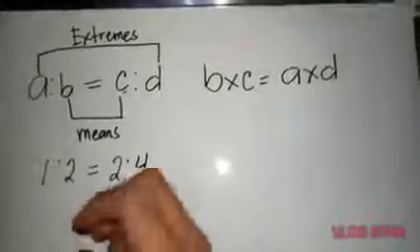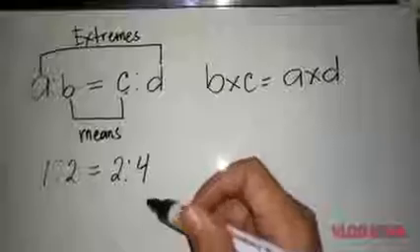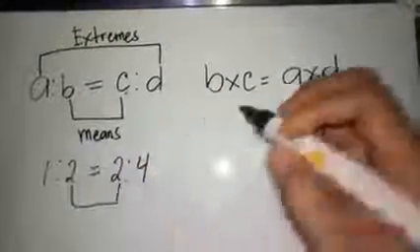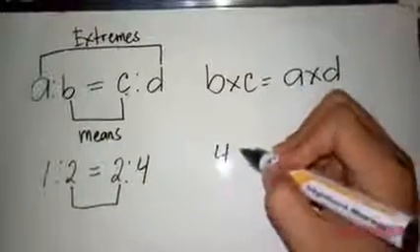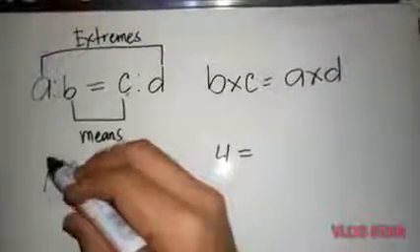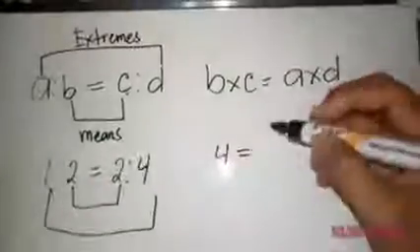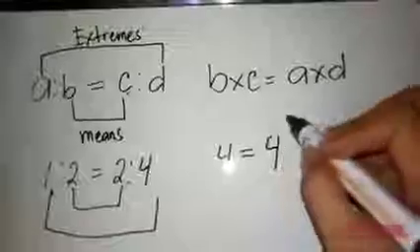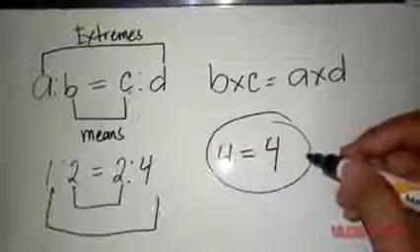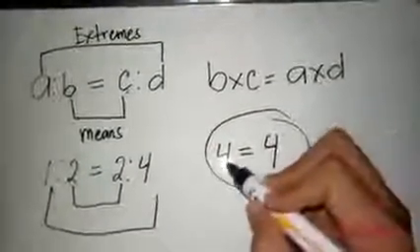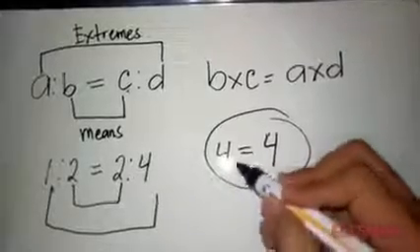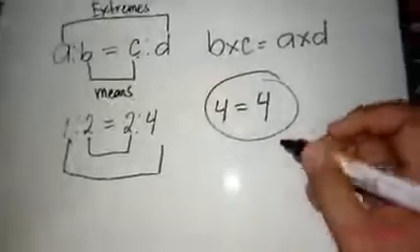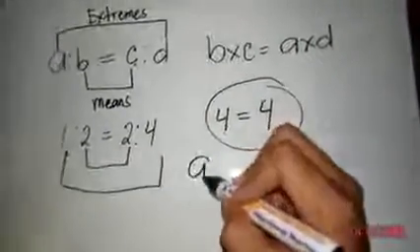Multiply the means: 2 times 2 is 4. Then multiply the extremes: 4 times 1 is 4. It means these two ratios can form a proportion, by looking at the product of the extremes and the means, or what we call the cross product if we use fractions.